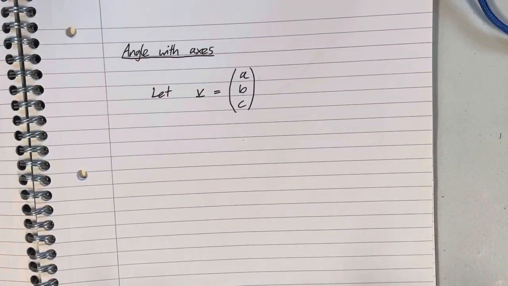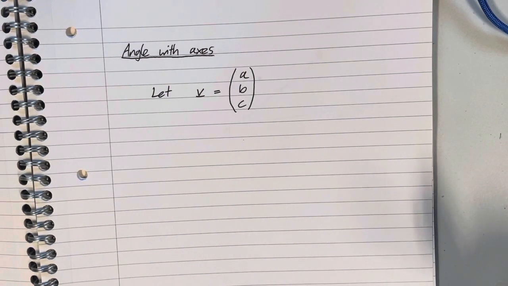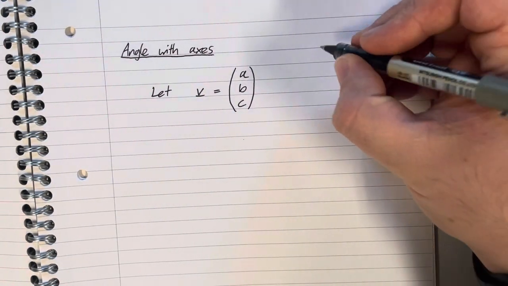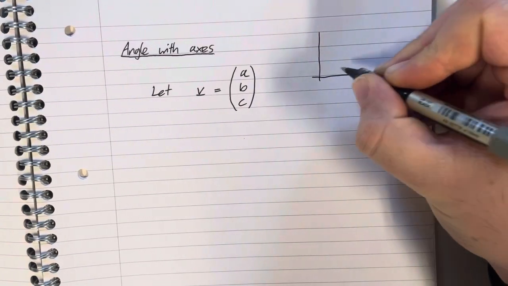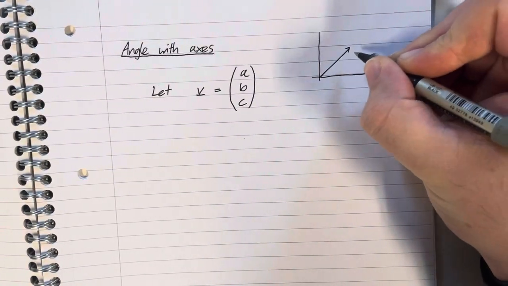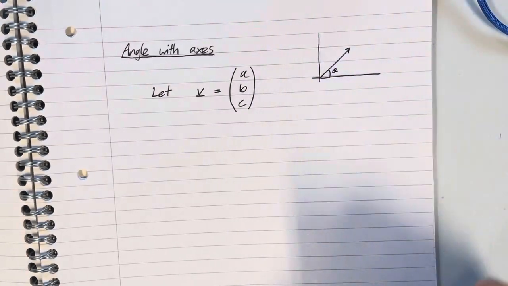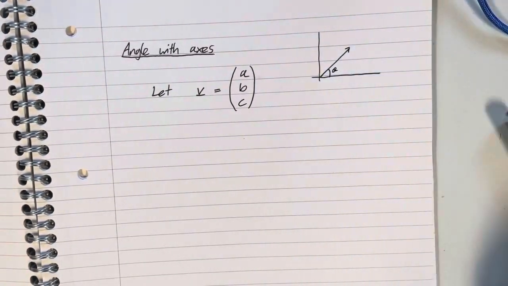What we can do with vectors is find the angle of a vector with an axis, either an x-axis, a y-axis, or a z-axis. Now in 2 dimensions it's quite straightforward, because you can just draw your vector from the origin and think about what triangle that makes.